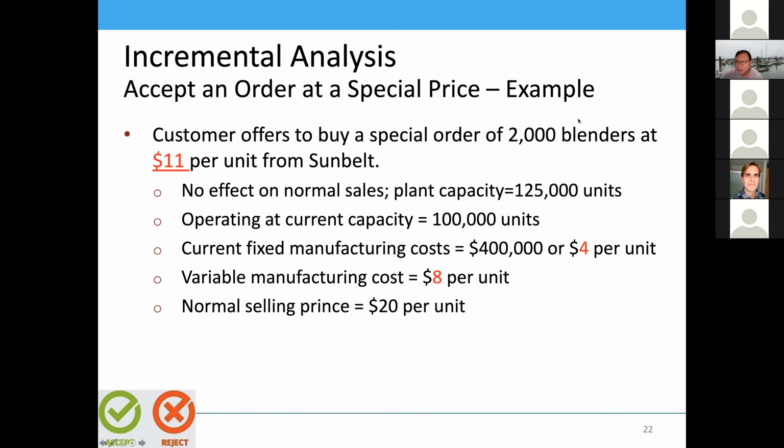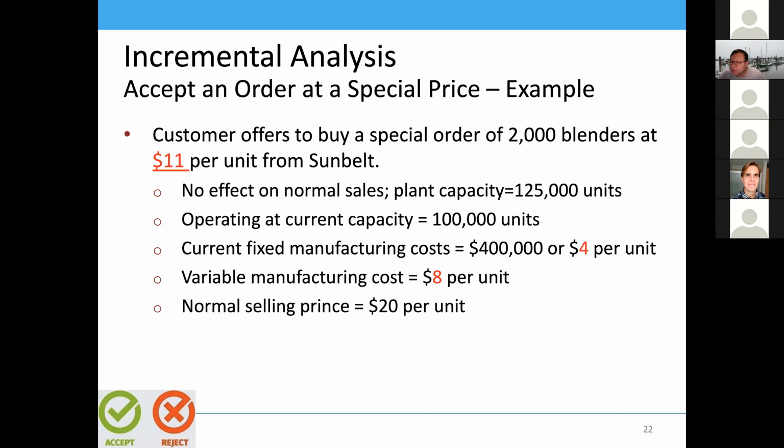Now let's take a look at this question. You tell me, what should we do? A customer offers to buy a special order of 2,000 blenders at $11 per unit from this company, and there's no effect on the normal sales. The capacity of the plant is 125,000 units per year. Currently, they produce 100,000 units.